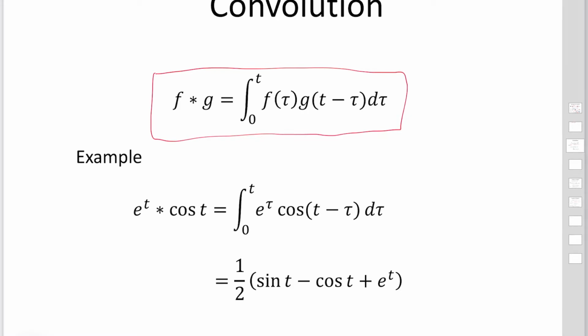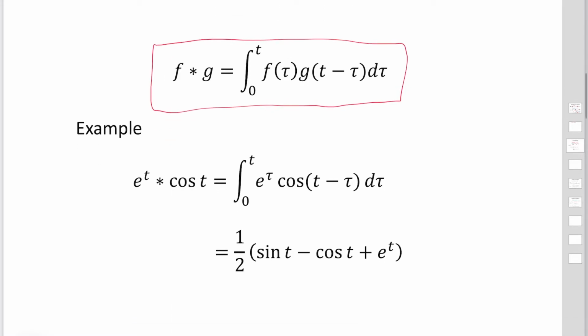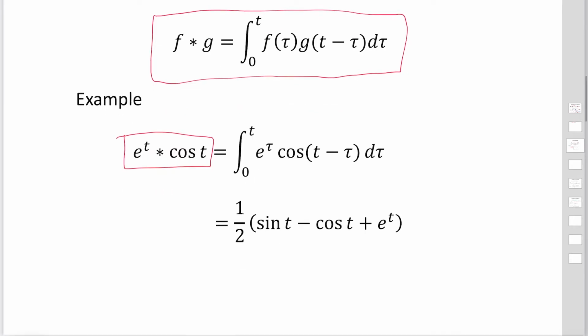So if you want to find the convolution of exponential t and cosine t, for example, using the definition, you can express it as the integral of exponential tau cosine(t minus tau) d tau, changing from 0 to t. So I'd like to show you this convolution, and also how to calculate it. Then we can use integration by parts.